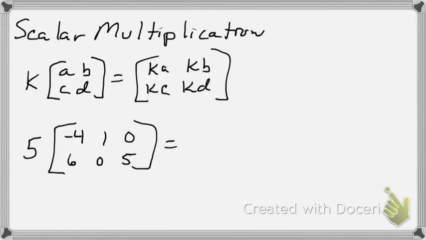So here's an example. 5 times that matrix. That matrix has a dimension of 2 by 3. Multiplying it by 5, you just multiply all the numbers in it by 5. You end up with negative 20, 5, 0 on top, 30, 0, 25 on bottom.